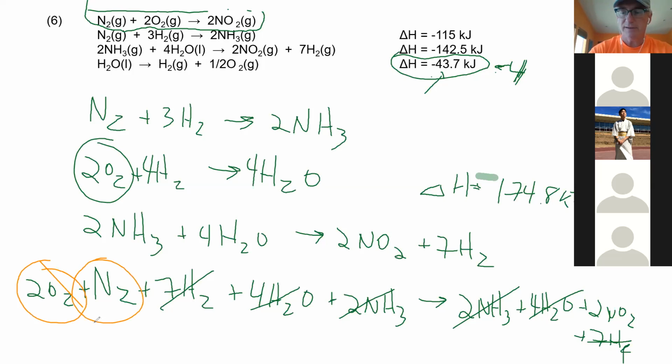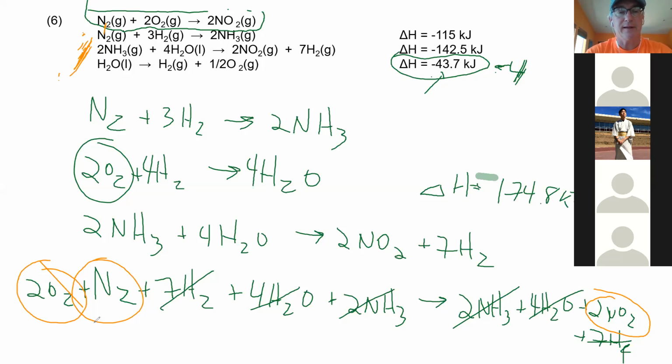Everything else is canceled, and my product is 2 NO2. And that is what we've got. That's our first reaction: 2 oxygens plus 1 nitrogen makes 2 nitric oxides. So we've got it balanced.